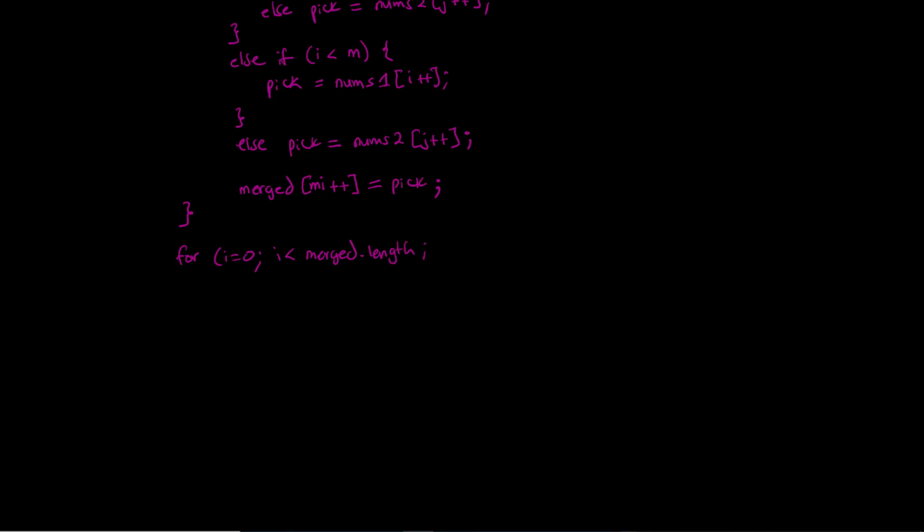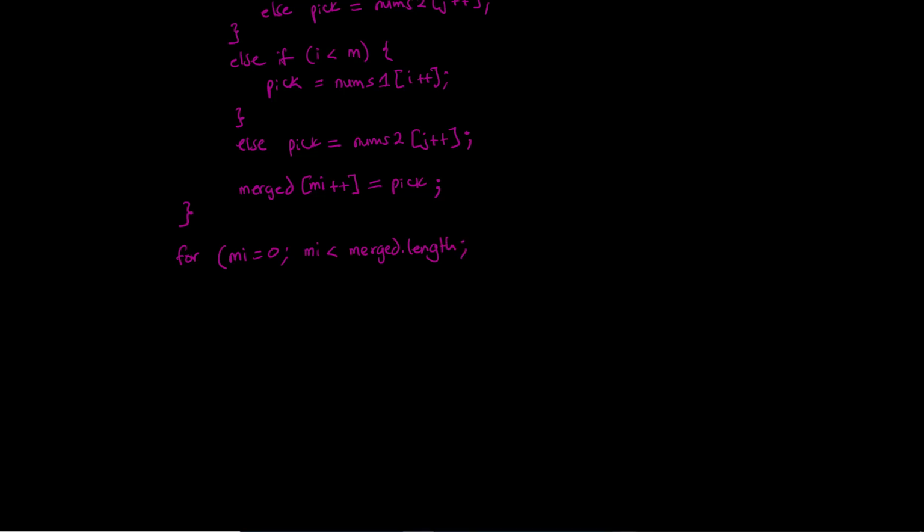Actually, for better consistency, since mi was our tracker, let's use mi instead. So reset mi back to 0, mi less than merged dot length.